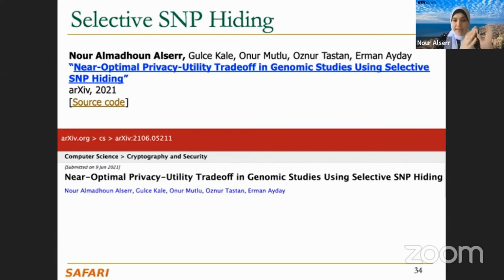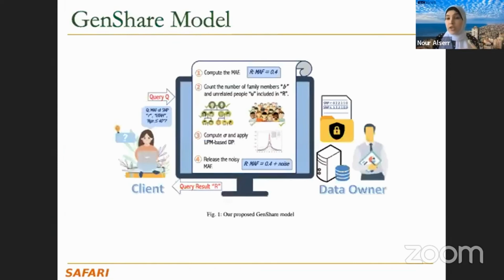Now, the second mitigation way is to work with the Laplace perturbation mechanism to change the query sensitivity because we have correlations, or to change the epsilon value. In this work, we call it the GenShare Model. Here we receive the query from the client, which can be any researcher, and maybe it will be an adversary.